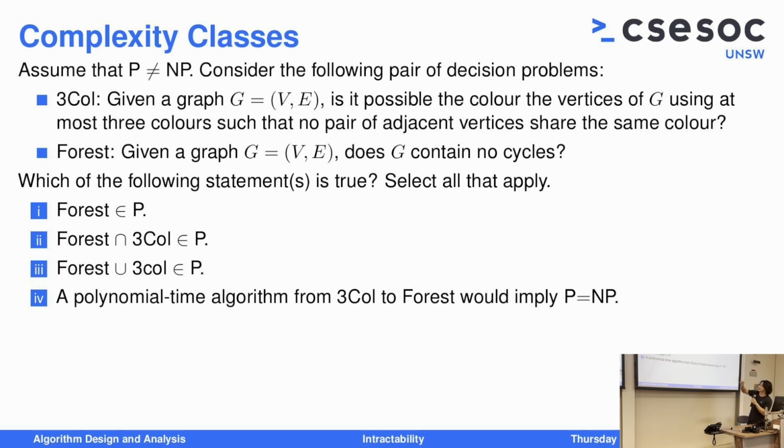So we know that forest is solvable in P time, and we have 3-coloring, which is a known NP-hard problem. We want to select which of the following statements are true. Which ones here are true? I'll give you a second to think about it.